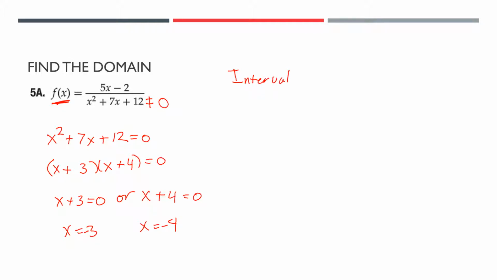In interval notation, we start at negative infinity, and we come all the way up to negative 4. And I'm going to union that with the negative 4 to negative 3. Now watch your negatives. Remember, negative 4 is smaller than negative 3. And then that is going to be from negative 3 all the way to positive infinity.